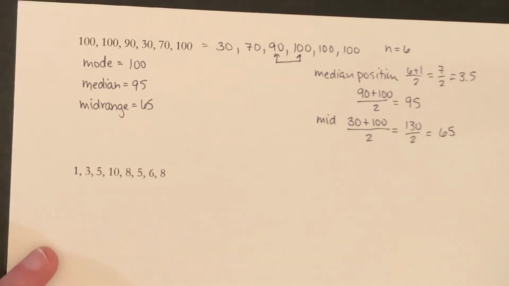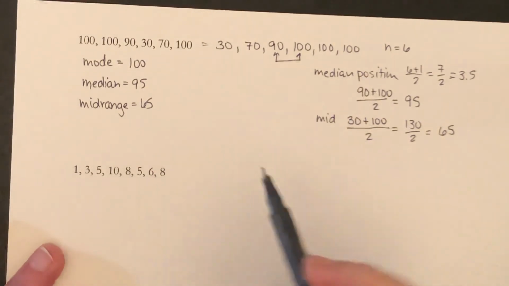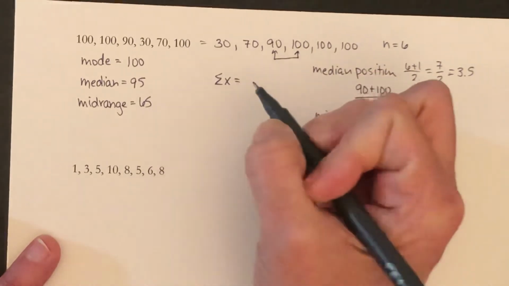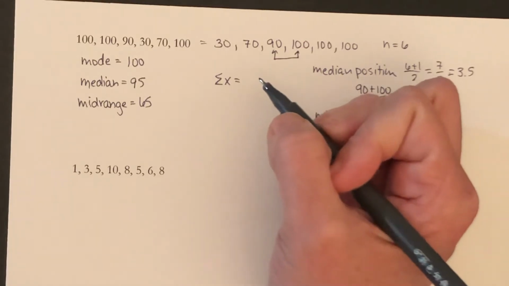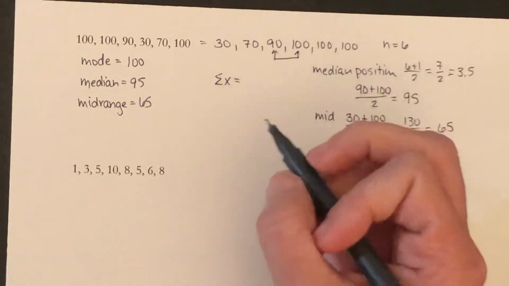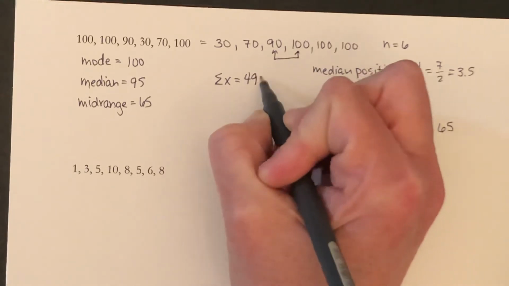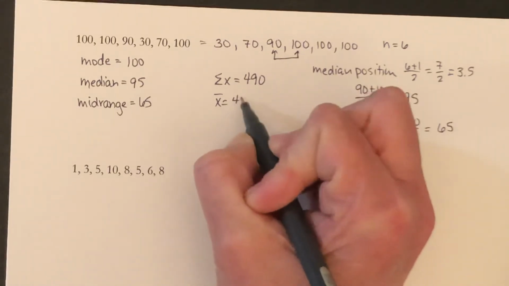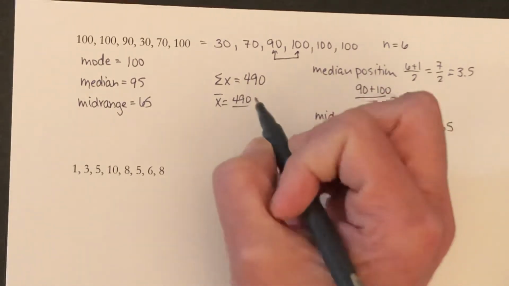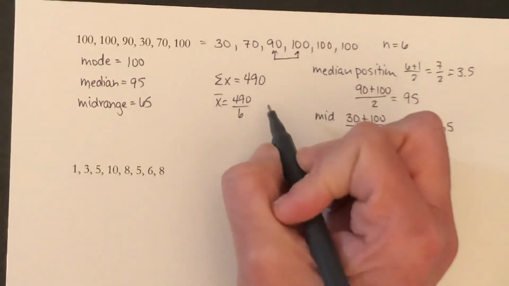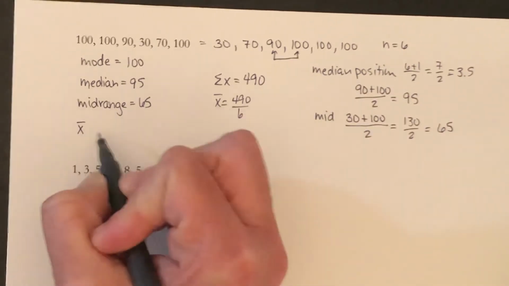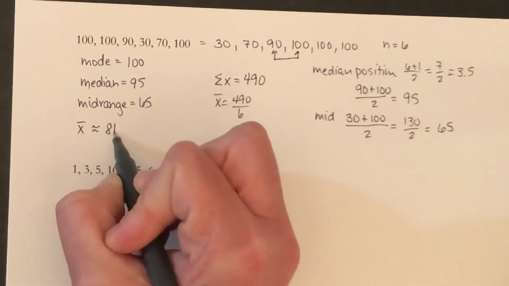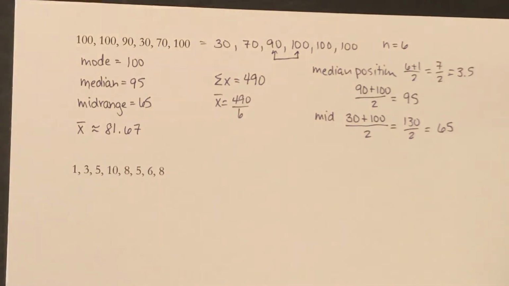Okay, and now we need to find the actual mean. So we need to add them up. So the sum of x is 490. So the mean would be 490 divided by 6, because we had 6 items. And what we end up with is our mean is approximately 81.67.